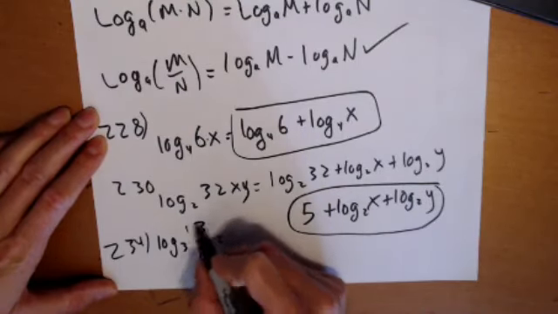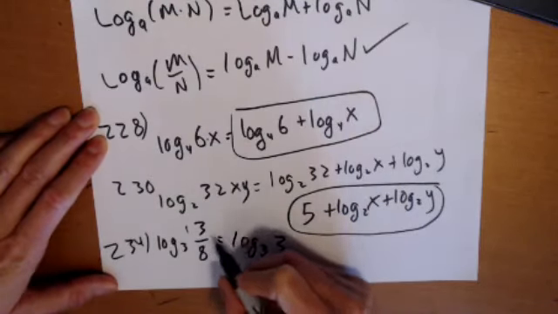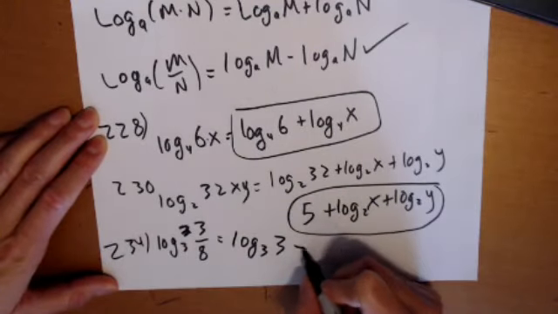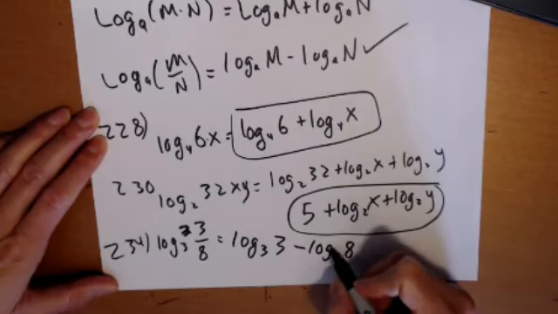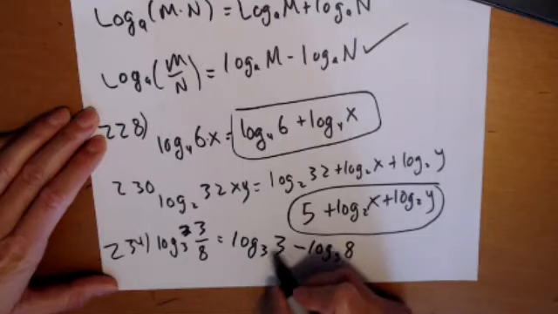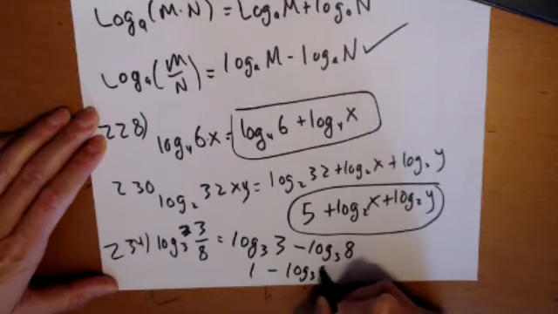See how the 3 is on top and the 8 is on bottom? So that's log base 3 of 3, and then the 8 on bottom. Division is really subtraction: minus log base 3 of 8. Is 8 a power of 3? No, so that's fine. Is 3 a power of 3? 3 to what power gives me 3? 1. So 1 minus log base 3 of 8.